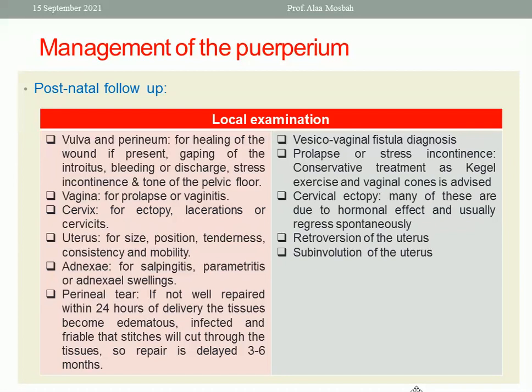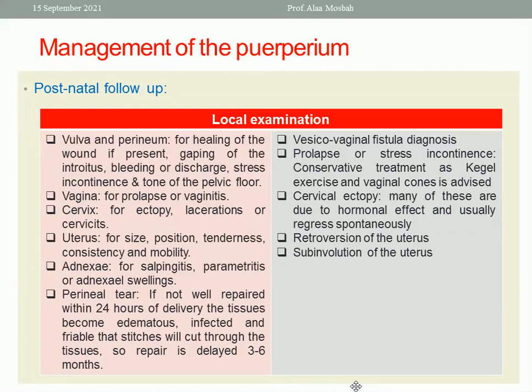You can discover any vesicovaginal fistula or rectovaginal fistula. Also, you can detect any prolapse or stress incontinence, and you can advise the patient to do Kegel exercise or use vaginal cones. For cervical ectropion, this is a hormonal effect, and you should counsel the patient about that and it will regress continuously.